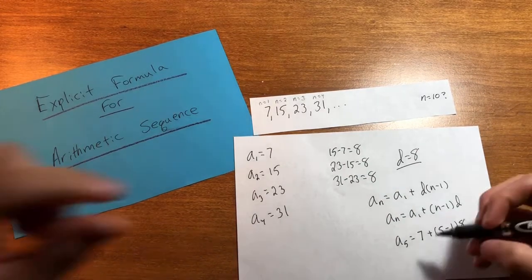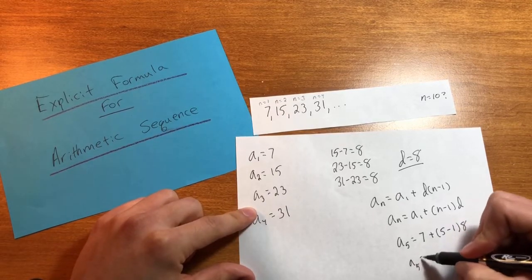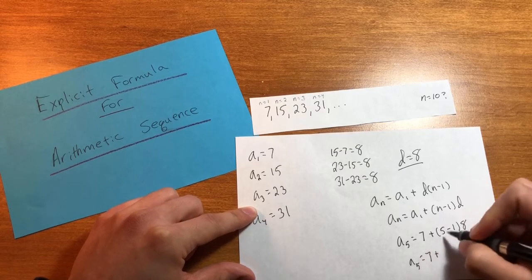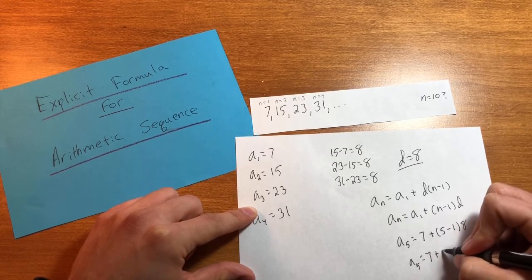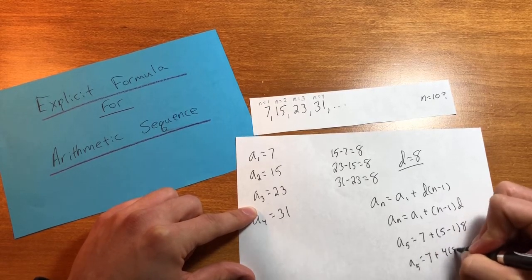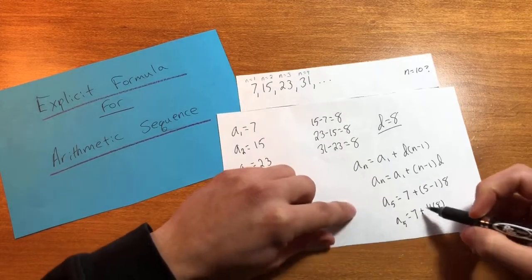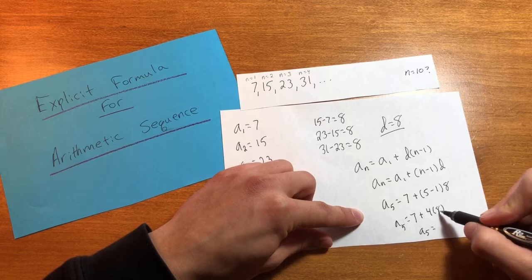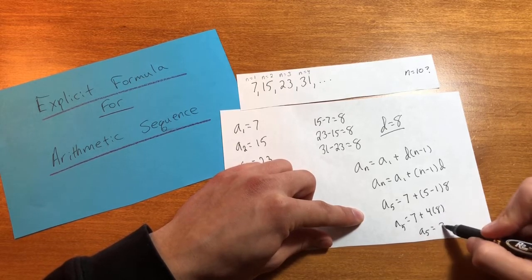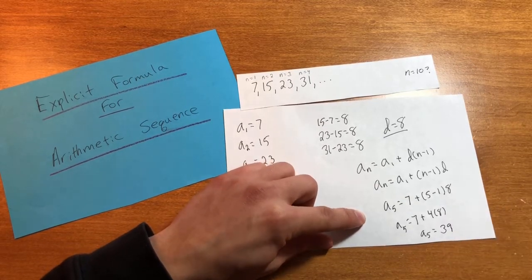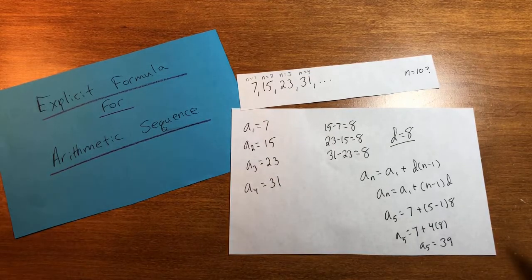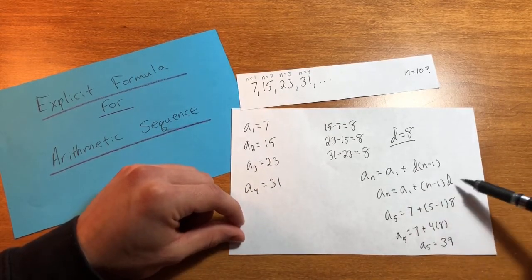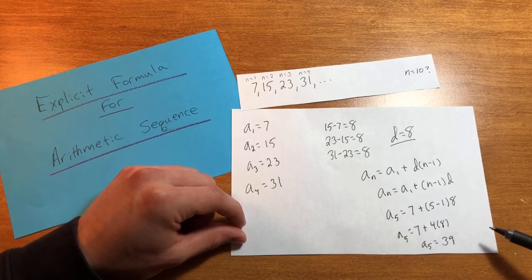So a sub 5 equals 7 plus 4 times 8. 4 times 8 is 32, plus 7, 39. So that's great. Again, I'm taking my initial value plus n minus 1 times the common difference.